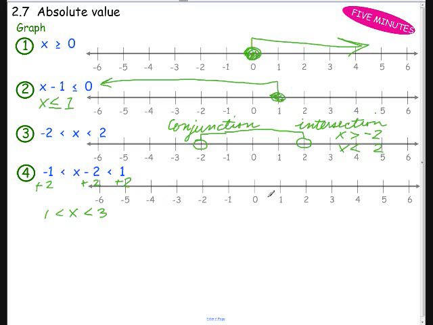And those will be open circles. It does not include the boundary point, up to but not including 1 and 3. So again, we have a conjunction. It is the intersection of x is greater than 1 and x is less than 3.